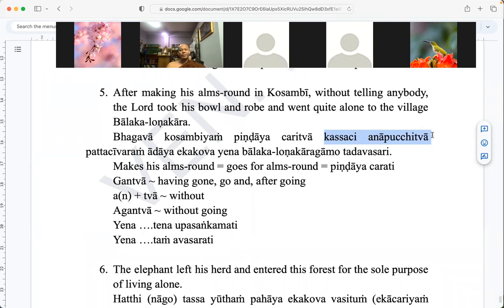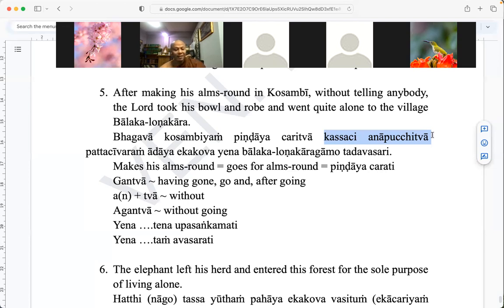So in this case, we cannot use kochipi. Koji will be the subject, so it would have the sense that he doesn't inform something. But here, the blessed one does not inform anyone, to anybody. That sense. Yeah. So can we use the kochi in dative, Bante? It is kasachi. Possible.